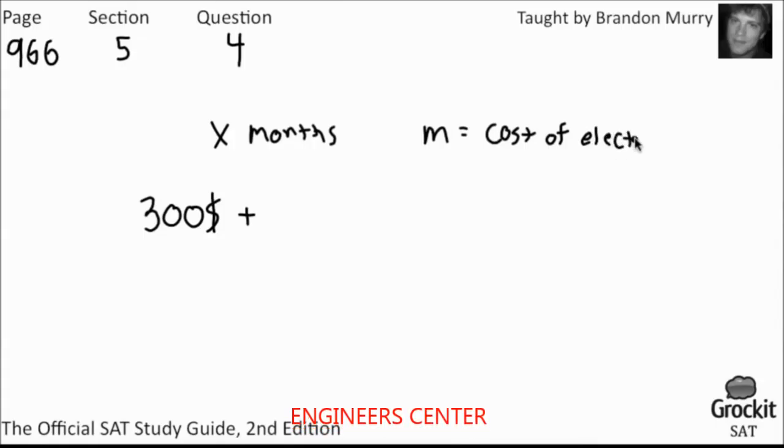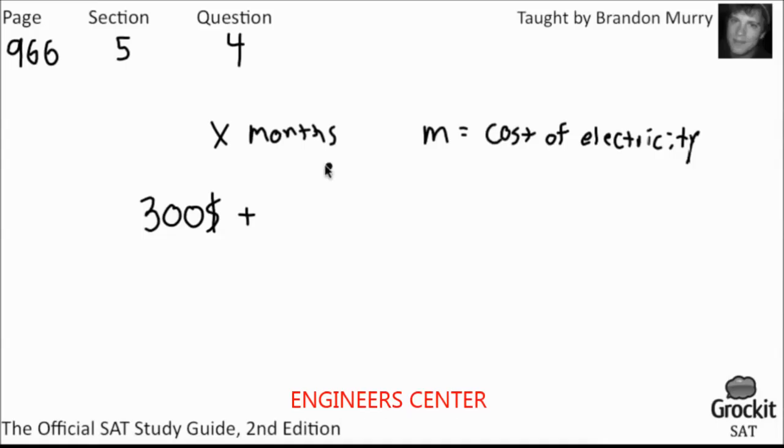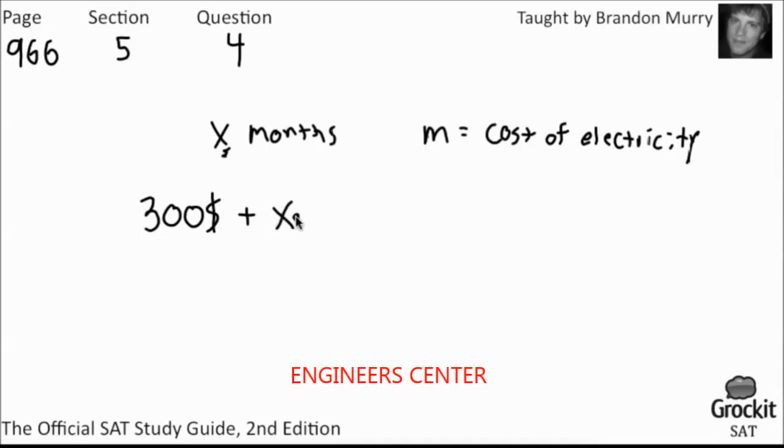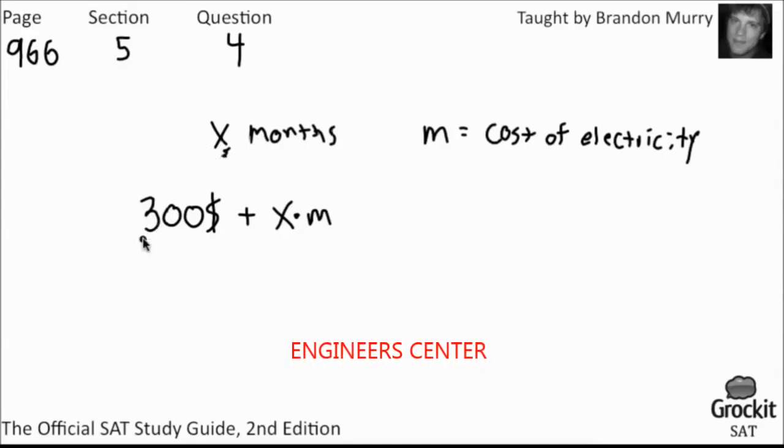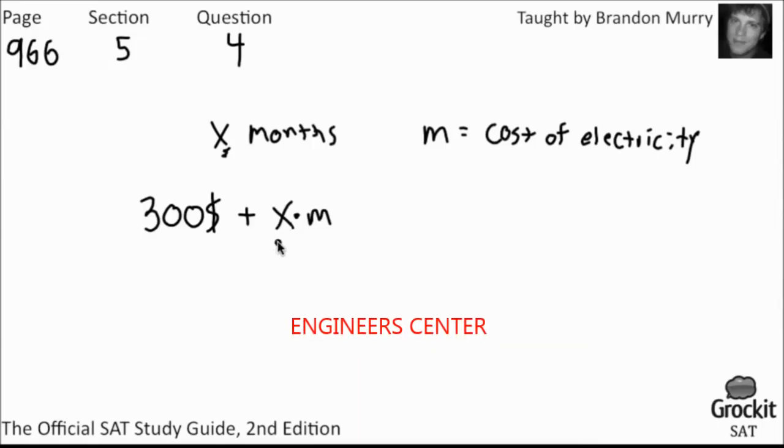Alright? So for these X months, if we multiply M by X, that would give us the cost of electricity over those X months. So this expression right here gives us the total cost of the repair plus the electricity that would be spent over those X months.